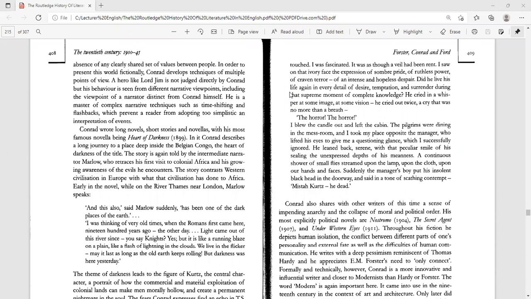Kurtz only fulfills the materialist purpose, but he has a personal motive to stay there as a demigod of the natives. We can say Kurtz loves the natives, though he causes their death as well, because it's part of the rituals, it's part of their cultures.